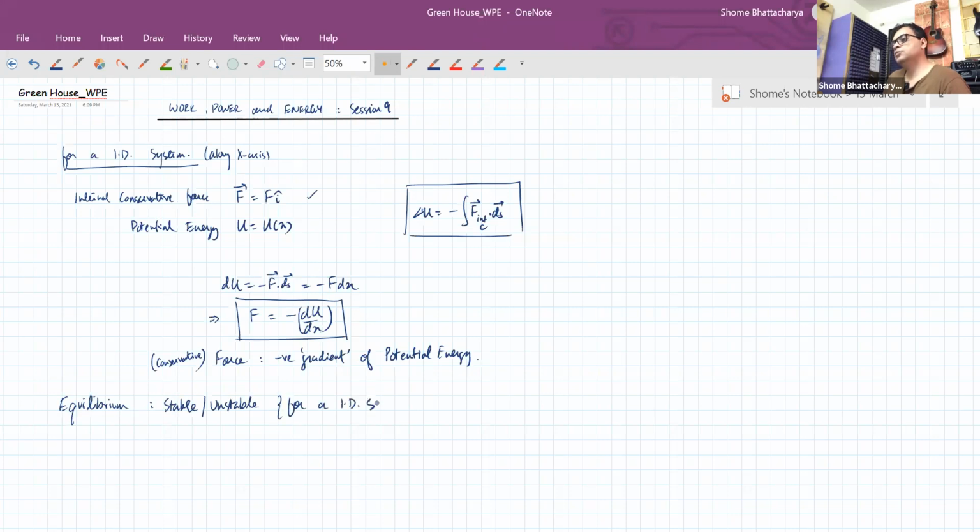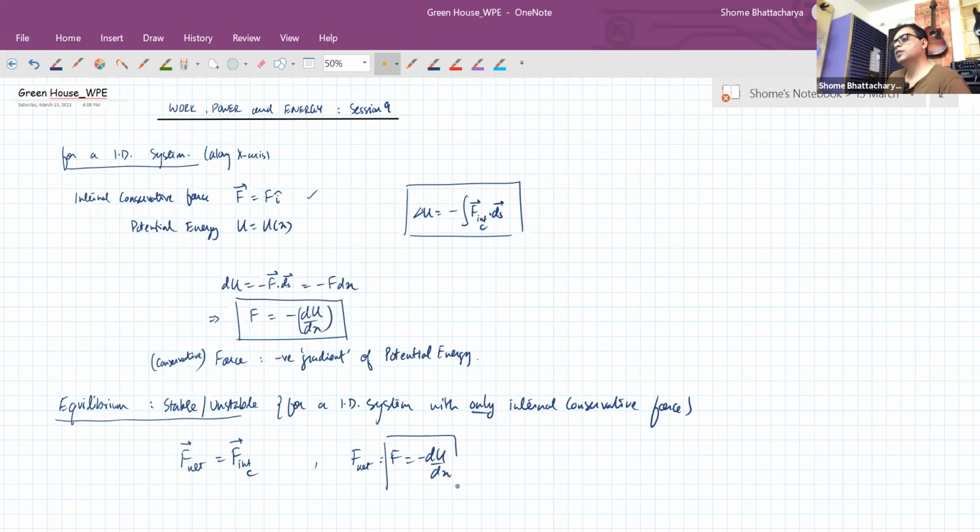For a 1D system with only internal conservative force. So for this kind of system, what we had seen is that the net force becomes the internal conservative force. So that net force F becomes minus dU by dx.